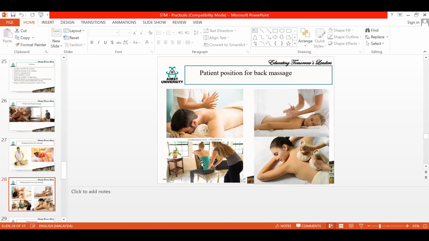This position is used for people who are pregnant, because pregnant women you cannot make lie in prone lying. So for pregnant women we position them in sitting. In sitting they can sit on the opposite side and hold the chair so that you can give massage to the back. This is especially for pregnant women, or sometimes if you are not able to position the patient in prone lying, then you can make them sit.